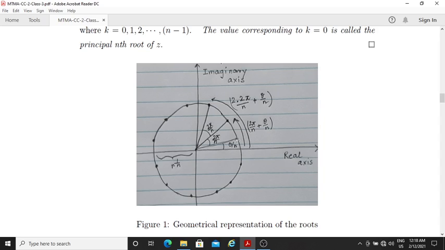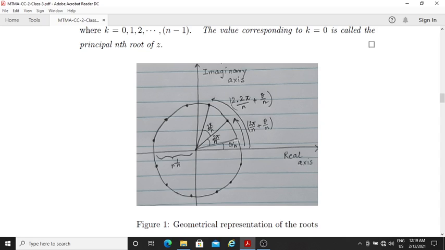So this is the first principal root of z. The distance is r to the 1 by n, and the angle is theta by n. You know theta, you know r. So the principal root is the point at angle theta by n in the positive direction from the real axis. And then the other roots are very simple.